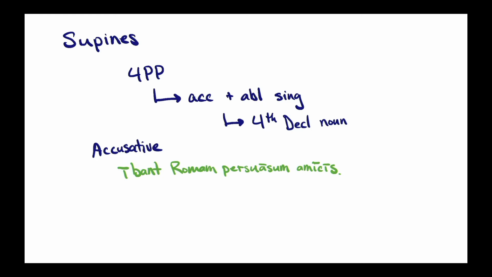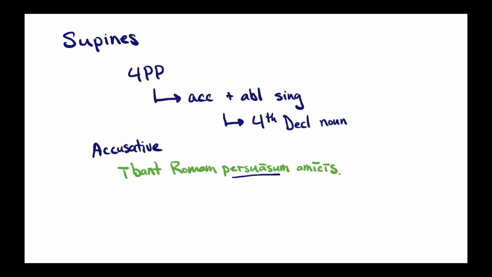They were going to Rome. There's that motion toward with the proper name Rome. They were going to Rome to persuade their friends. And you can see that is our supine and the accusative, that fourth declension accusative, and frankly looks like a second declension accusative singular anyway. So this is for the purpose of persuading their friends.